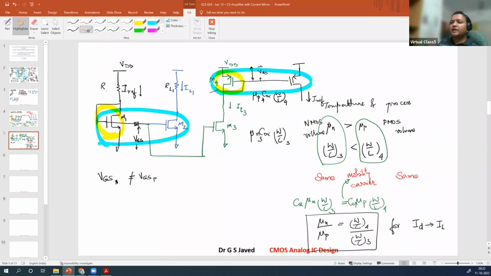So this will be a dedicated NMOS. This will be for PMOS. So in this way, your current mirroring will happen for both NMOS and PMOS devices.